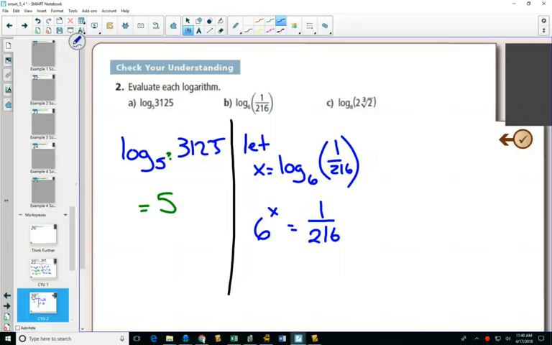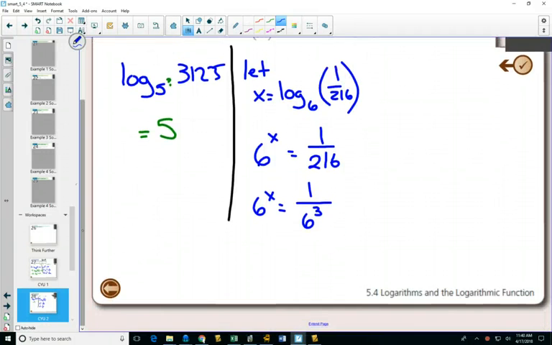And we can use the same techniques that we used in 5.3, the same techniques that you're going to need to use for your quiz on Thursday: can I get both sides of this equation to have the same base? Well, 216 is on your powers chart for 6. 216 is 6 to the power of 3.